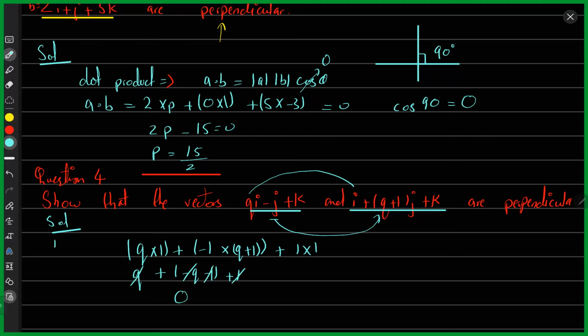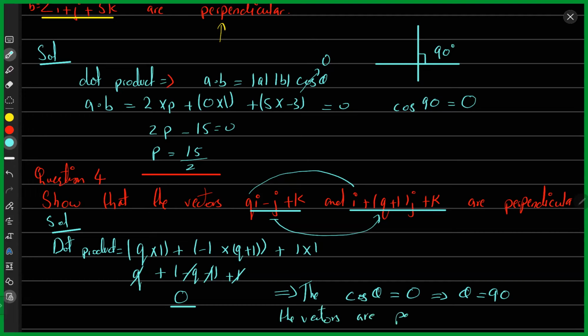So since the dot product has turned out to be 0, this implies that the cos theta was 0, and this means that theta was basically equal to 90 degrees. That is, the vectors are perpendicular.